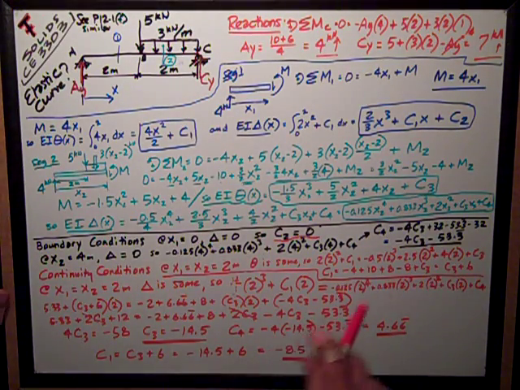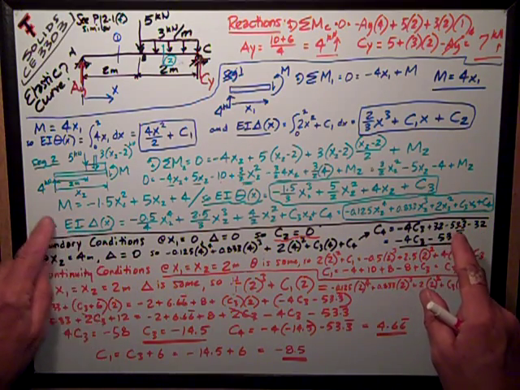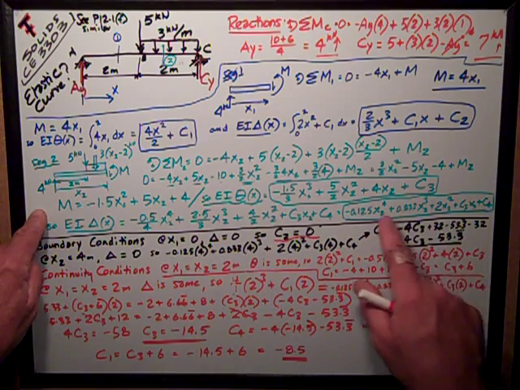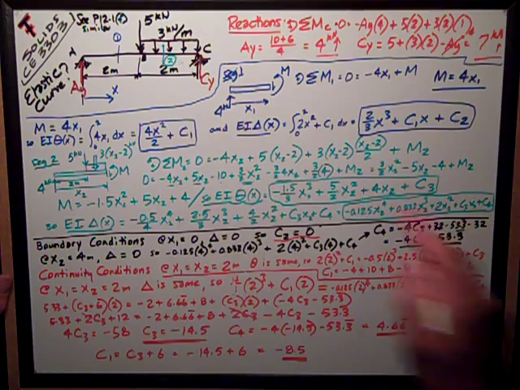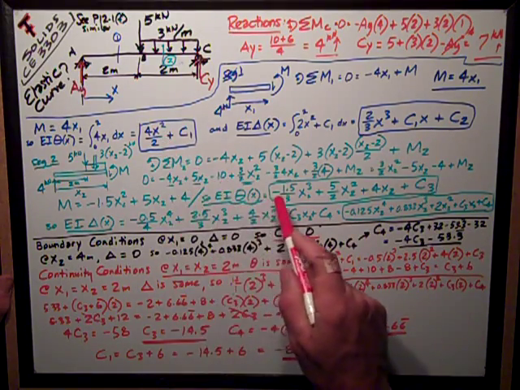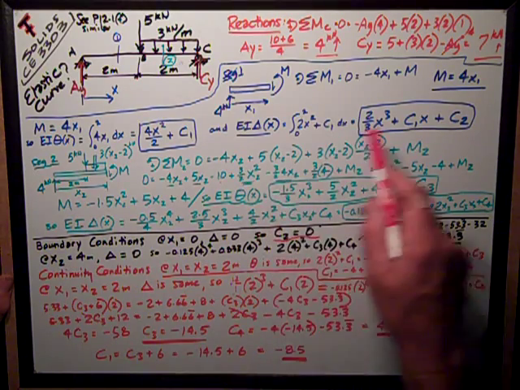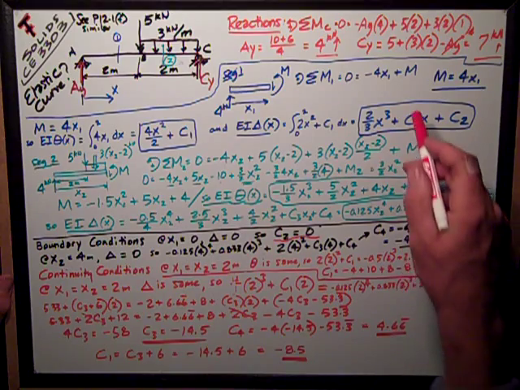I can rearrange all that, or simplify it all down to this expression right here. So that's my elastic curve expression over the second half, or the segment there. So I put boxes around my 2 slope equations, 1 and 2, and my 2 deflection equations there and there.